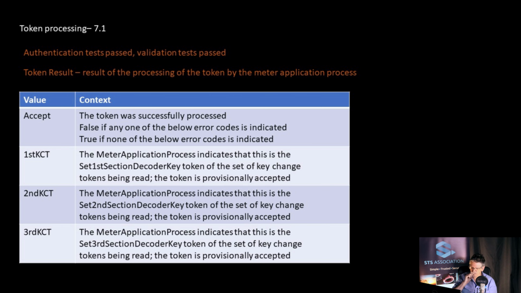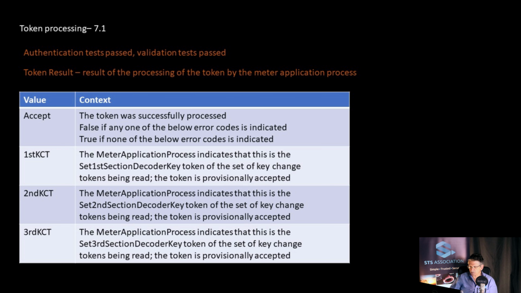The result can be accept if the token was successfully processed, and it will be not accept or false if one of the below error codes is indicated. First, it can come up with the first KCT.